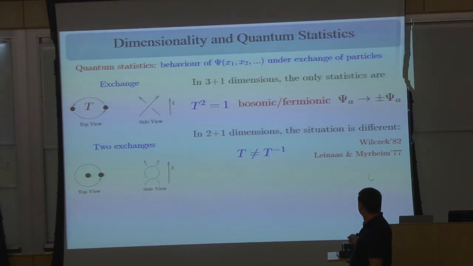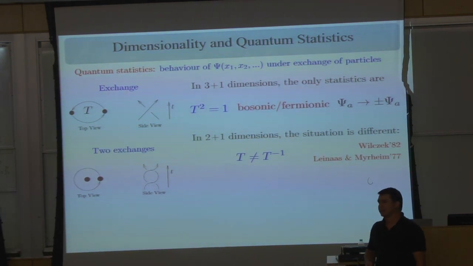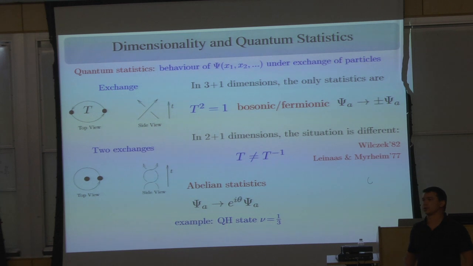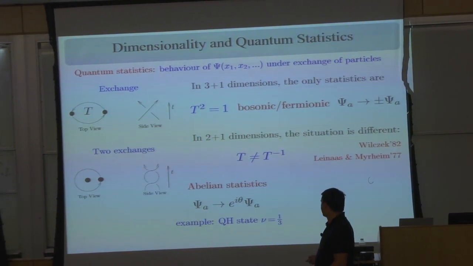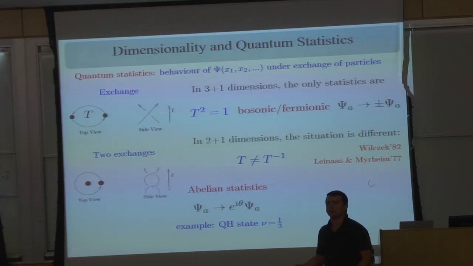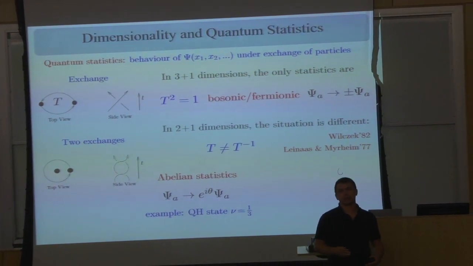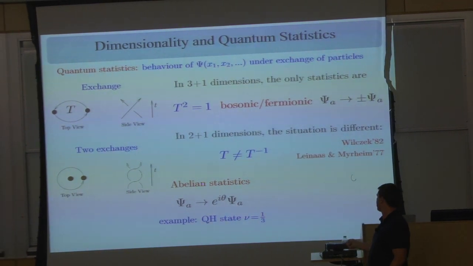This was first pointed out by Leinaas and Myrheim and Frank Wilczek. But this leads to abelian statistics, and it's well known from the fractional quantum Hall community that exchange of quasi-particles, say at nu equal 1/3, leads to some non-trivial phase, which is not equal to 0 or pi. Such an exchange transformation leads to some phase.